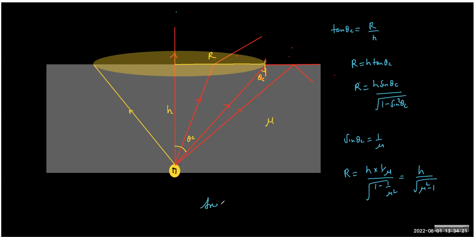The area of this will be how much? And what is the solid angle? So what fraction of light can we expect will come out of the surface?